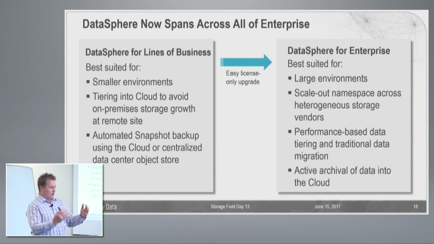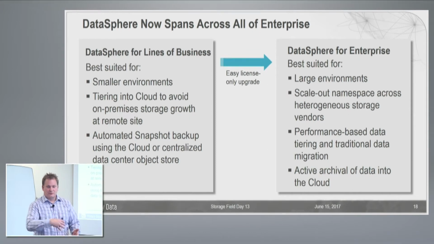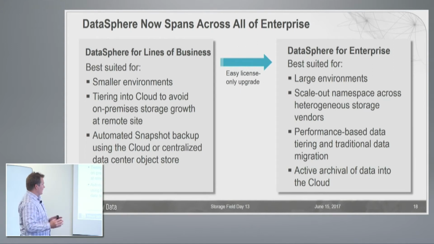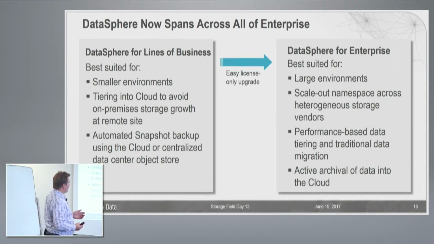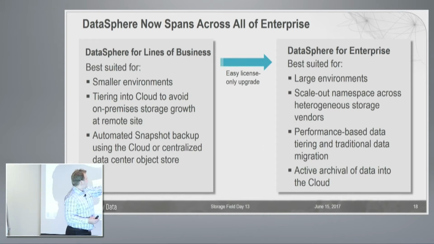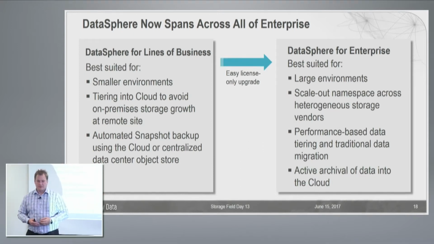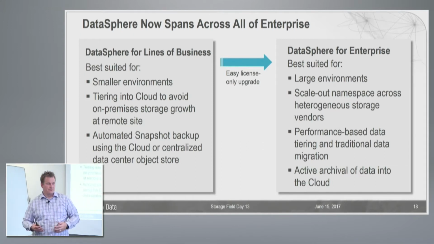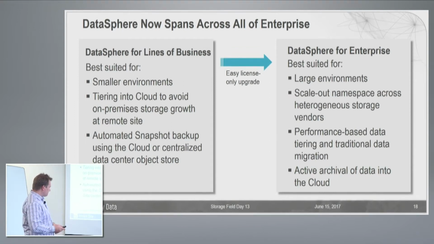I don't want to buy more on-premise capacity for it. I just want to use the cloud for the old data, and I don't want to change anything from an application perspective. That's something that we do completely from a product perspective. If someone wants to move from one to the other, it's a license-only upgrade. There's no code change. There's no change from a storage config perspective. It's a very, very simple transaction.